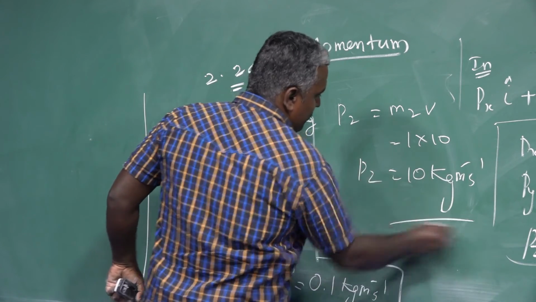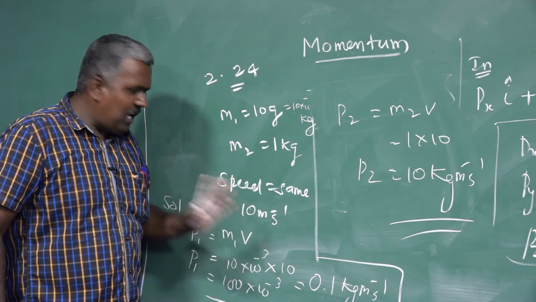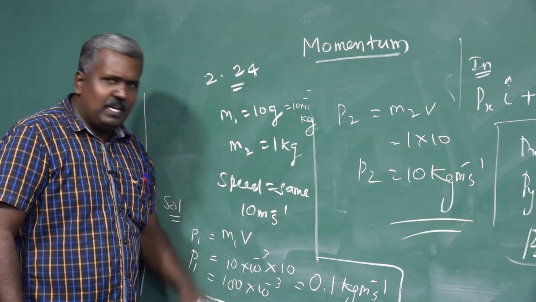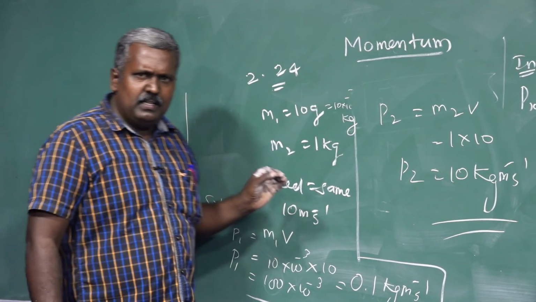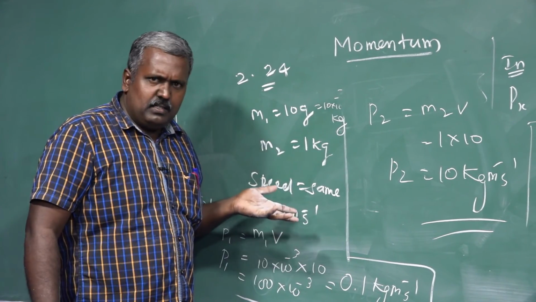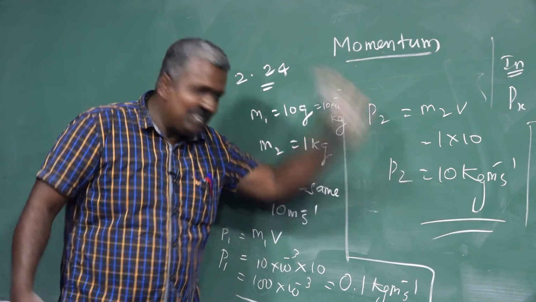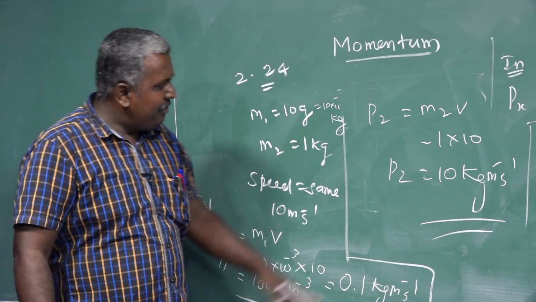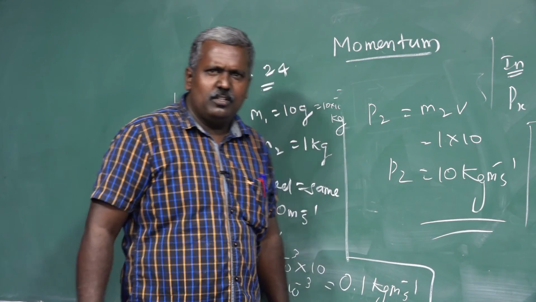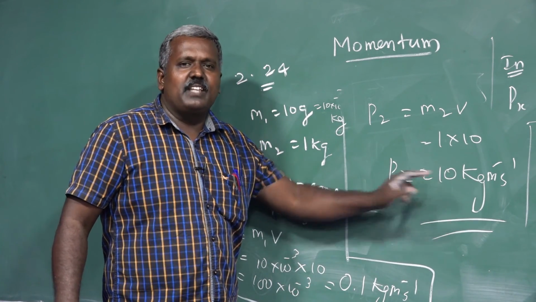The speed is the same, but the mass is different. So even when the speed is the same, the momentum of a particle depends mainly upon mass. P1 is 0.1 kilogram meter per second, P2 is 10 kilogram meter per second. So how many times greater? Very good, 100 times greater.